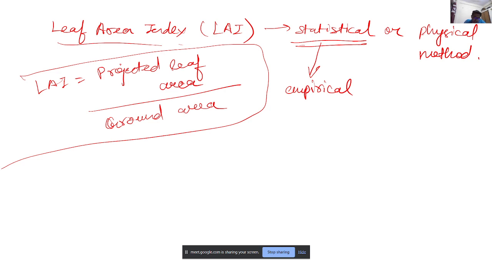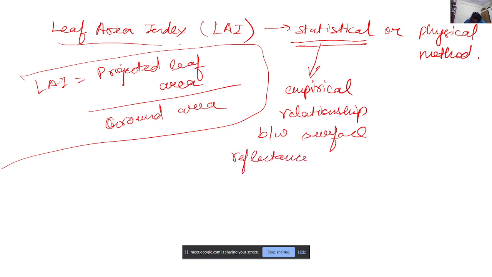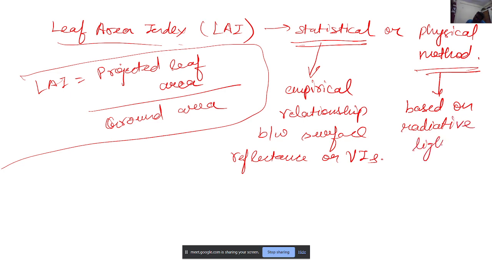The physical methods are based on radiative light transfer processes.